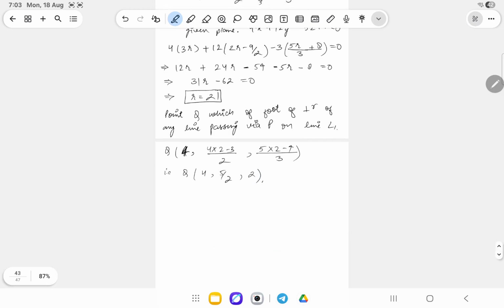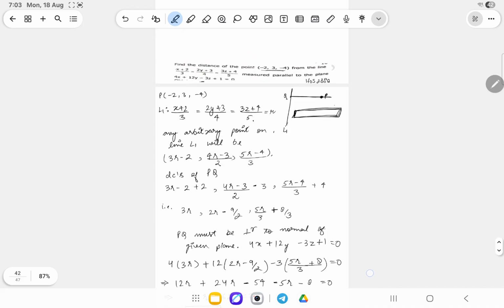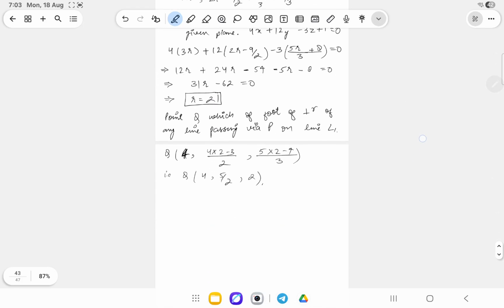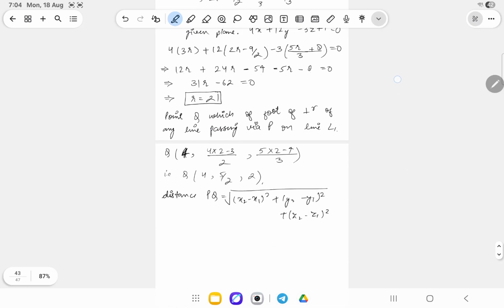So this is my point Q, and we are supposed to calculate the distance PQ. We can easily calculate it using the distance formula, which is the square root of (x2 minus x1) squared plus (y2 minus y1) squared plus (z2 minus z1) squared. My point P is minus 2, 3, minus 4.